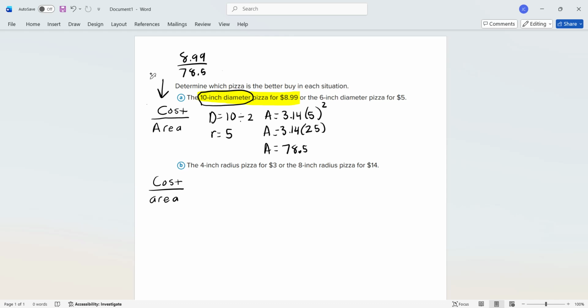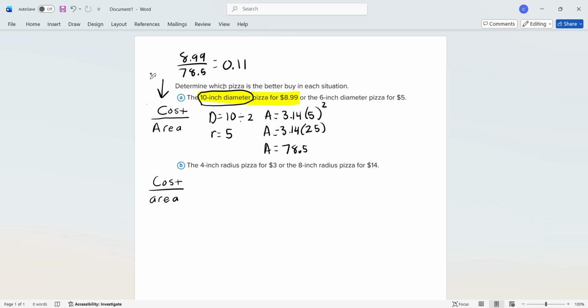Let me put that into my calculator. I got $8.99 divided by 78.5, and I end up with 0.11. I say that because I'm rounding my number to the hundredths place. When I look at money, money is always to the hundredths place. If you don't know what that place is, it's the second number after the decimal point to the right.